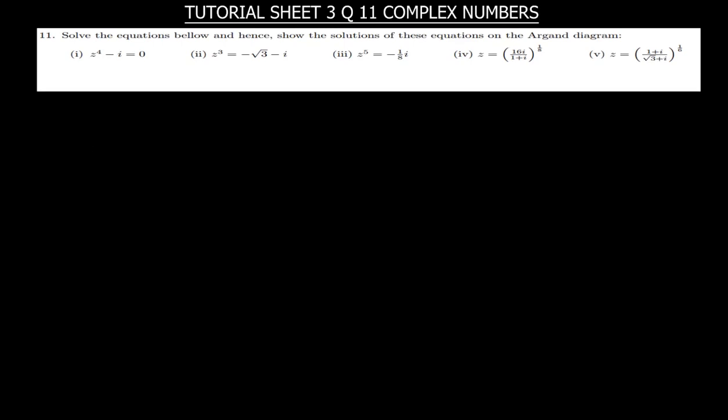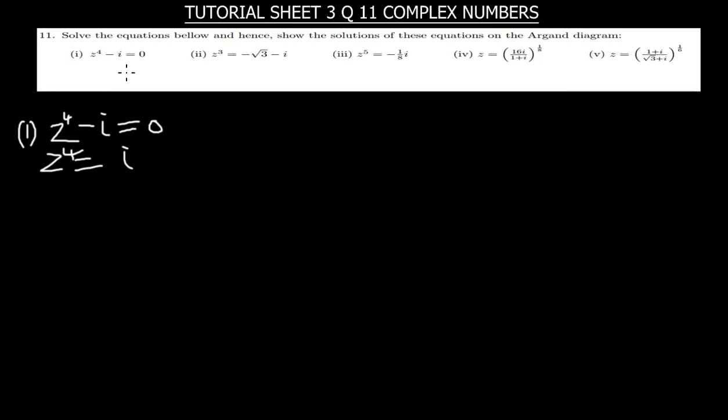So we start. This is the question, and the first thing that we're going to do here is to take this negative i to the other side of the equal sign. So we're going to have something like this is equal to positive i.